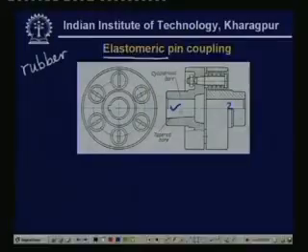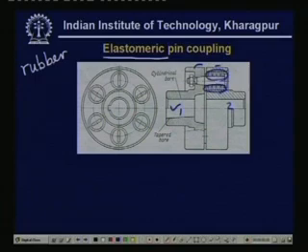Now let us look at the salient features. What you see here is, this is again one shaft, this is shaft 2, this is shaft 1, and again there are two flanges. Now this is very much similar to flange coupling, but unlike the other flange coupling which we have studied earlier, this has inherent asymmetry. So this part is not symmetric as that. Now this is connected by bolts. Now here we have these elastomers.